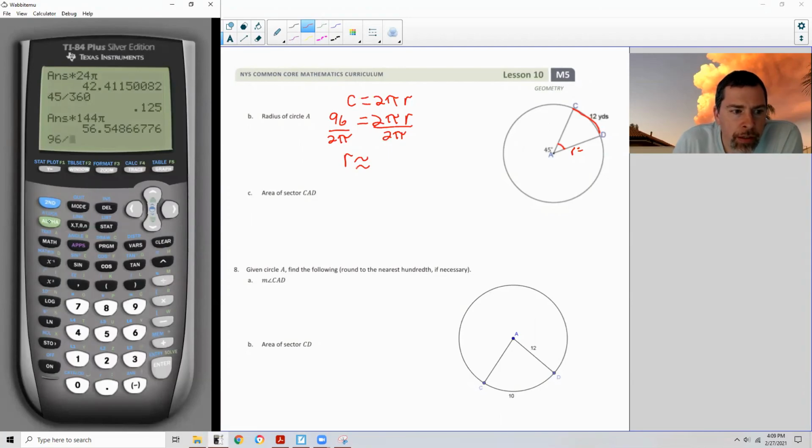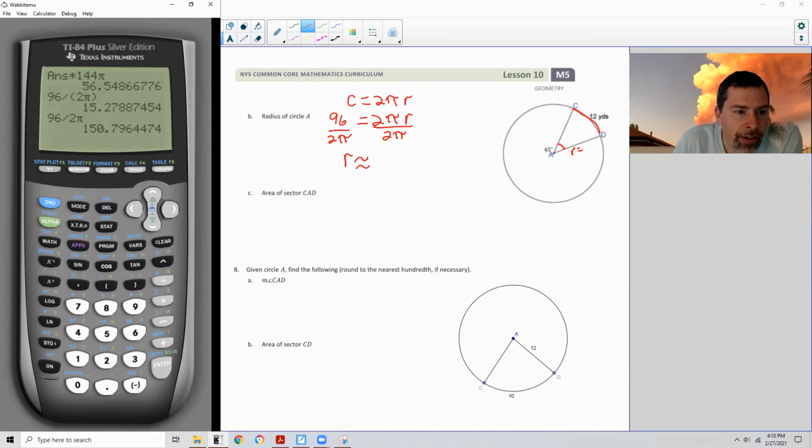Whenever you do this, you have to put it in parentheses, or it will do 96 divided by 2 times pi. It does order of operations. So I want to make sure that 2 pi is in parentheses or the answer will not be correct. If I did 96 divided by 2 pi without parentheses, did I get 15?